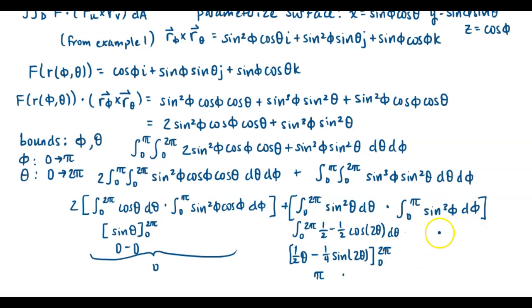And now on the right-hand side, what can we do with sine of phi cubed? Well, let's break off a sine, because then we can write this as the integral from 0 to pi of sine of phi squared times sine of phi d phi. If we do that, we can call this sine of phi squared a 1 minus cosine of phi squared.